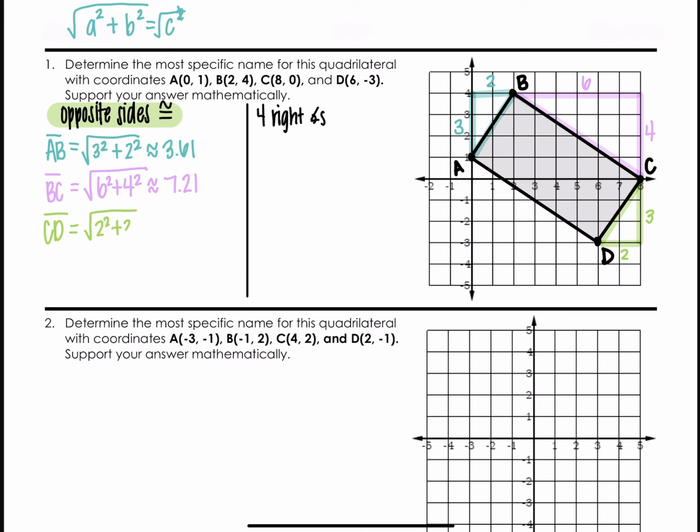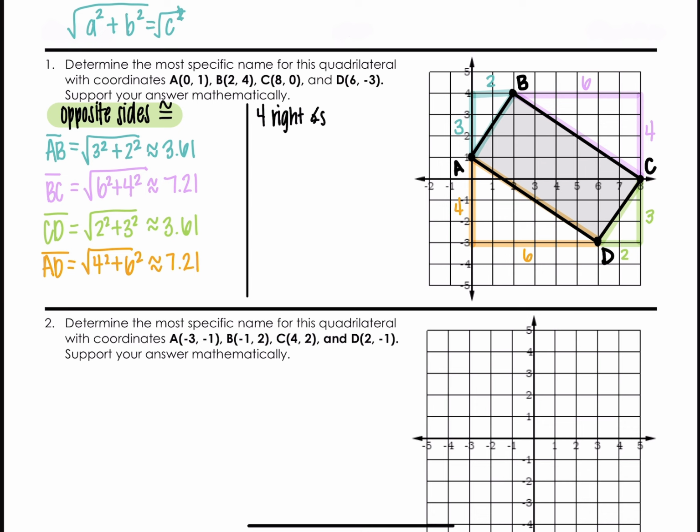I have 2 and 3 as my two sides. Gives me approximately 3.61. And last but not least, AD has a height of 4 and a width of 6. Which still gives me 7.21.